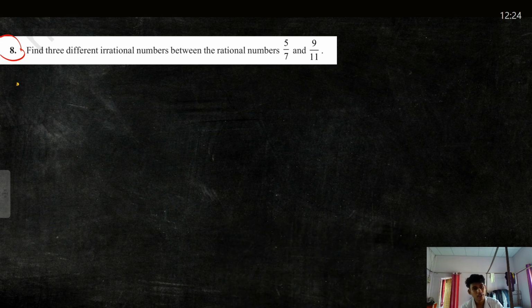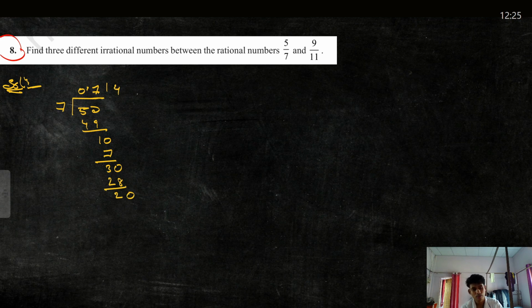For this, we have to write the decimal expansion of both the given numbers. 5 divided by 7: 7 times 7 is 49, here comes 10, 7 times 1 is 7, remainder 3, 7 times 4 is 28, 2, 7 times 3 is 21, 7 times 2 is 14, 7 times 8 is 56, then again comes 40, 7 times 5 is 35, here it becomes 50. Now this will continue itself.